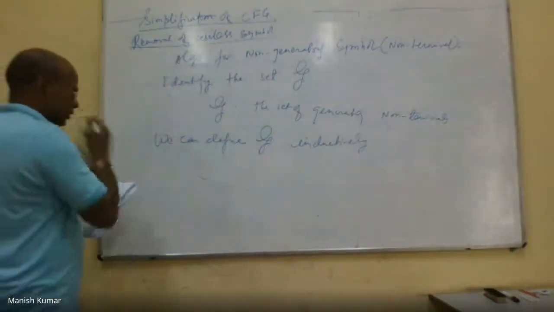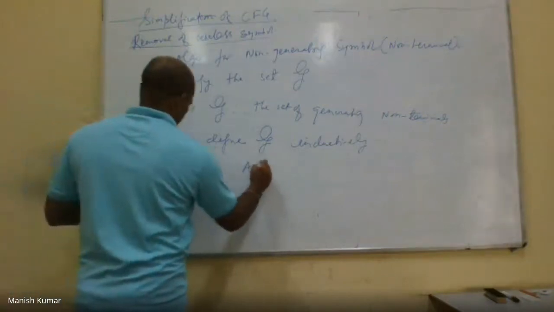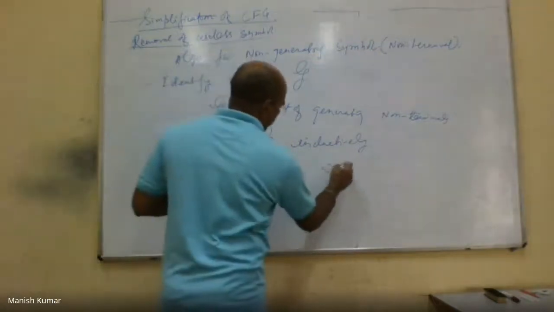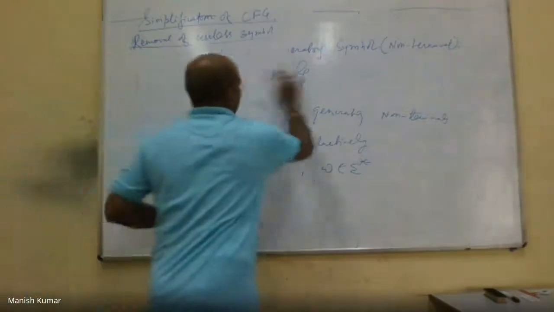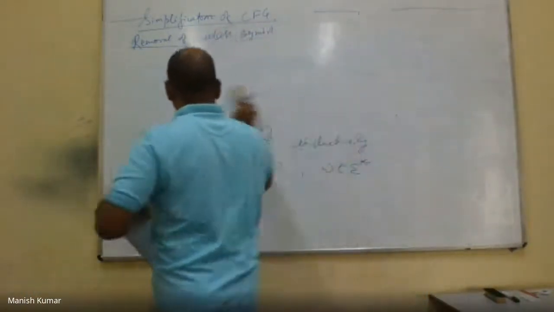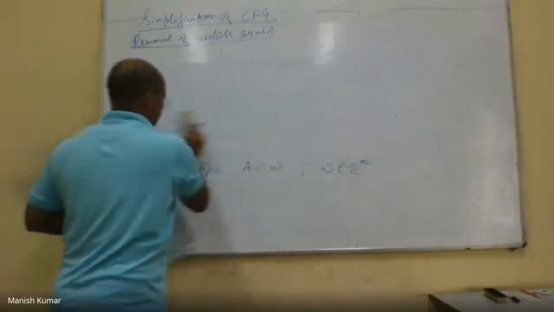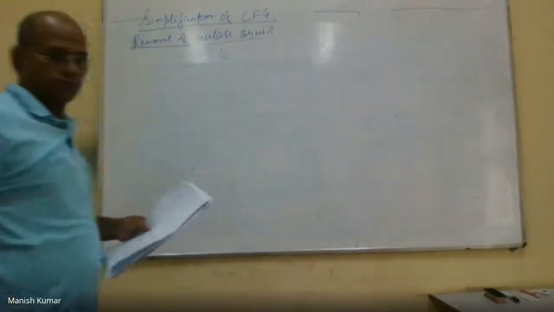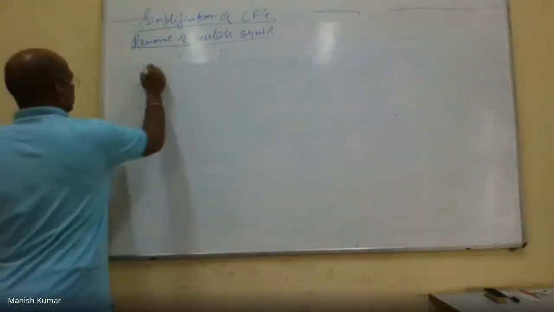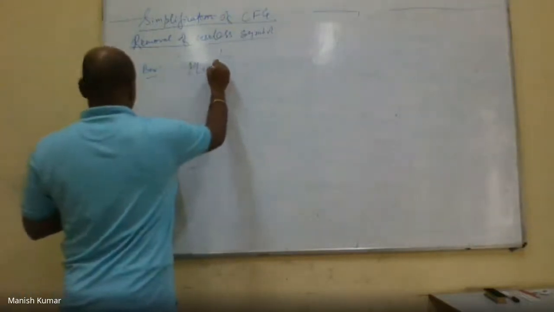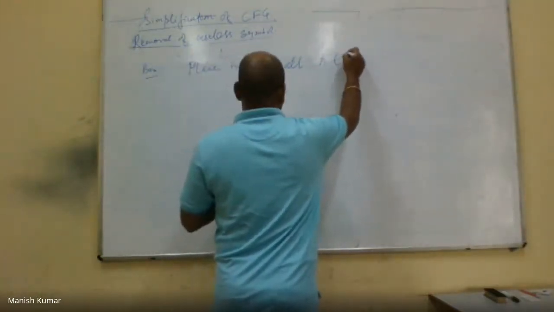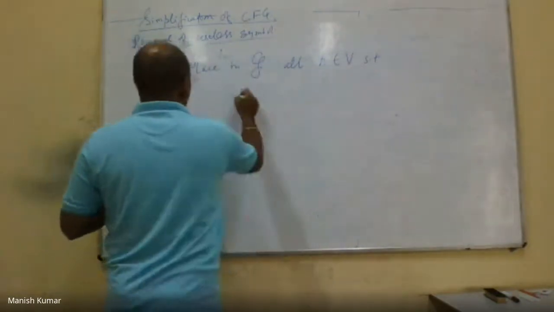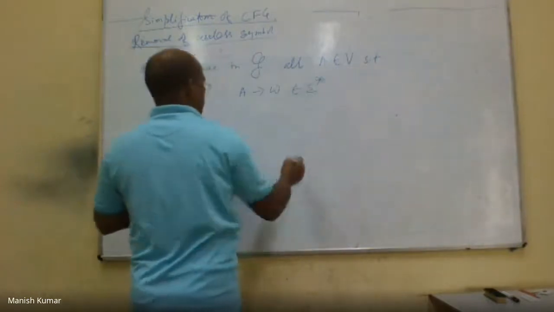How? Suppose A goes to W. So we start with what we call the base: place in G all A belonging to V such that W is in sigma star.